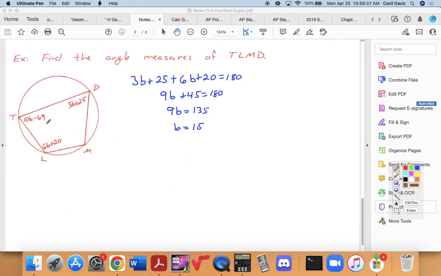And I know that angle T and angle M are supplementary, so I'm going to find the measure of angle T. That's going to be 10 times 15 minus 69, is 150 minus 69, is what, 81? Yeah. So the measure of angle M is just 180 minus 81 is 99 degrees.